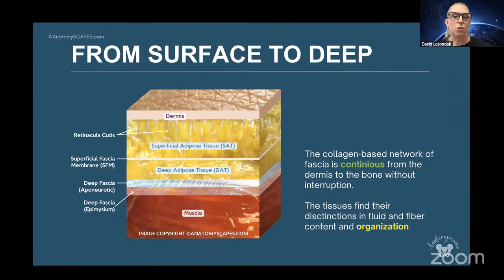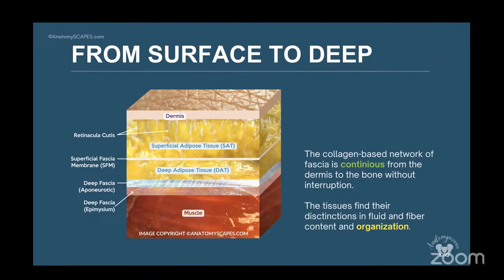Below the deep adipose tissue layer, what you see is a totally different organization of the fibers. These are collagen fibers that are lined up next to each other in a very tight and organized fashion. They are all going in the same direction, and you can see it as that silvery white layer of the deep fascia. Deep fascia is organized like an entire sleeve or stocking on the limbs.